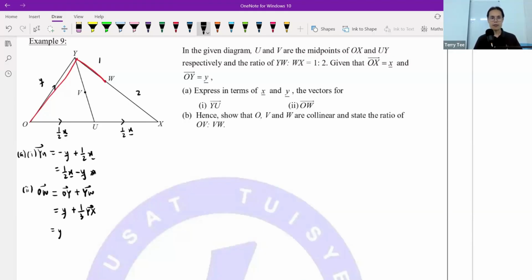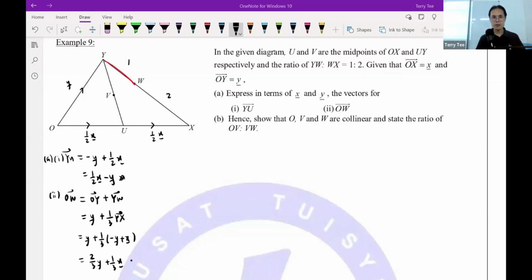And what is your YX? Your YX is, you can use the diagram, minus Y plus X. Let us expand the bracket. Guys, I cut short my working out. Y minus 1/3 Y is 2 over 3 Y, plus 1 over 3 X. Okay, I got my OW and YU.